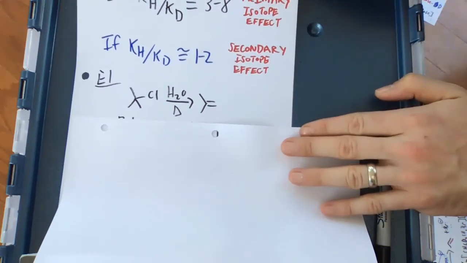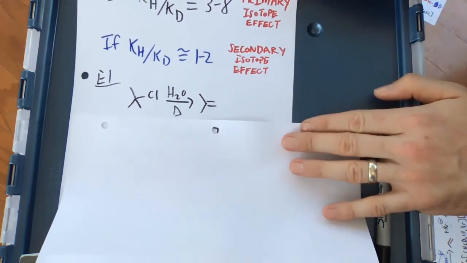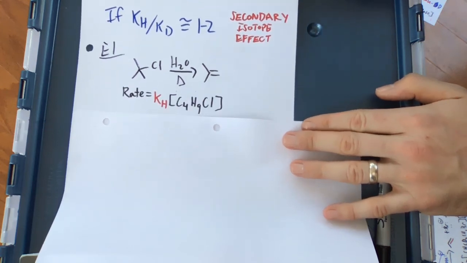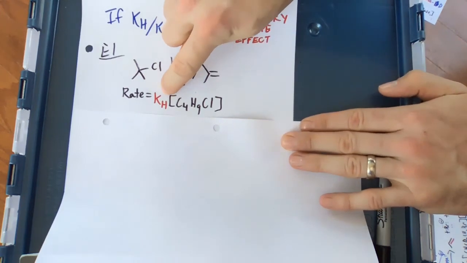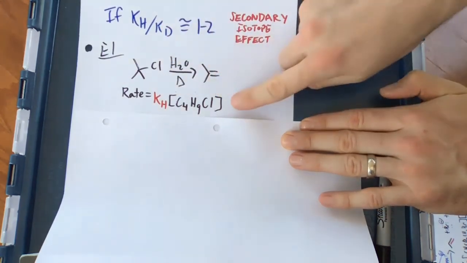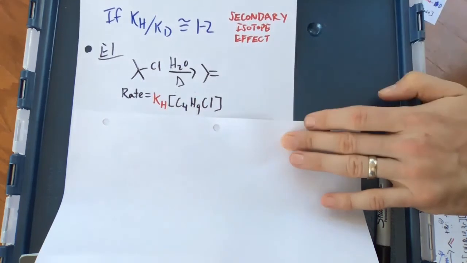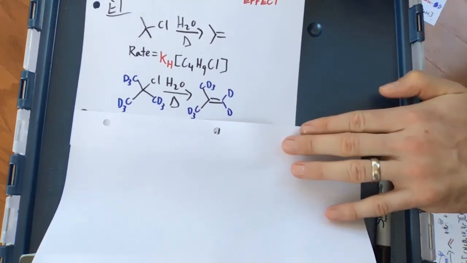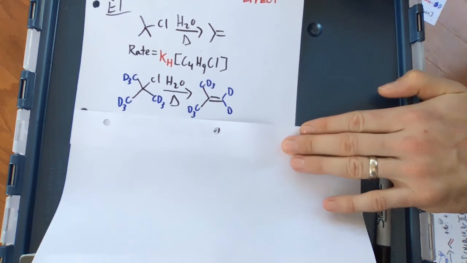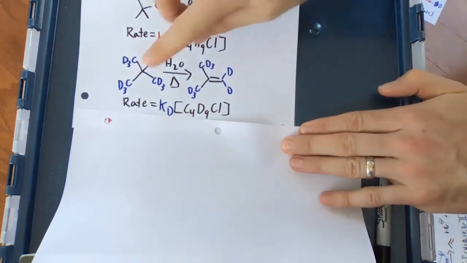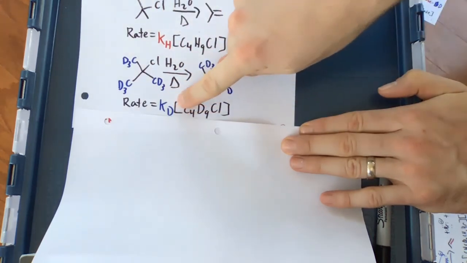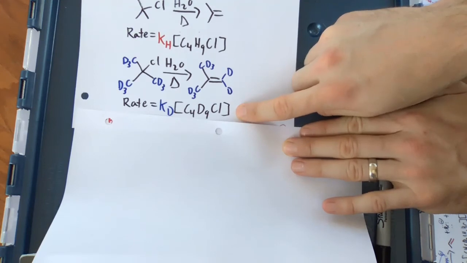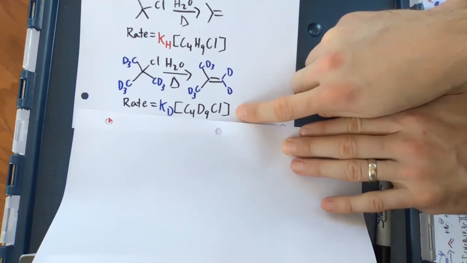So if we do our experiment here using a completely hydrogenated version with all hydrogens, you can see that the rate is again equal to the hydrogen-containing rate constant times the concentration of the original alkyl halide. And the deuterated version here, we run the exact same reaction, and the rate law is then equal to the new rate constant, the deuterated rate constant, times the deuterated molecule's concentration.